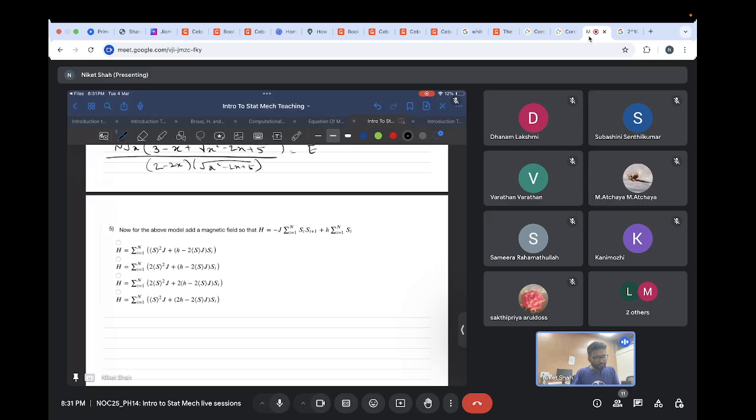So that's telling us to rewrite the Hamiltonian itself. But since we have to rewrite it in terms of the expectation value of S, we consider the mean field theory.